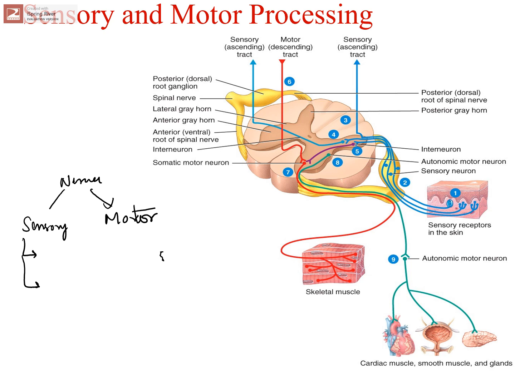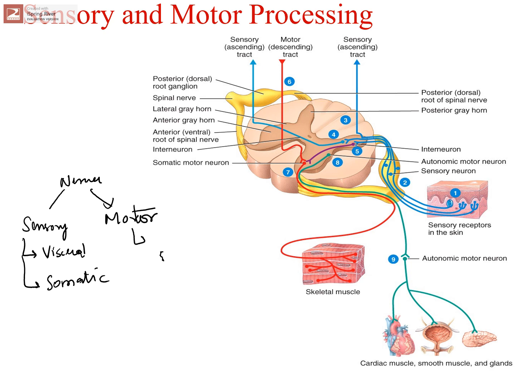Okay, we'll have two sensory neurons. One would be visceral sensory neurons that carry sensations from the internal organs, and then you'll have somatic sensory neurons that carry information from areas like the external region of the body, like the skin.